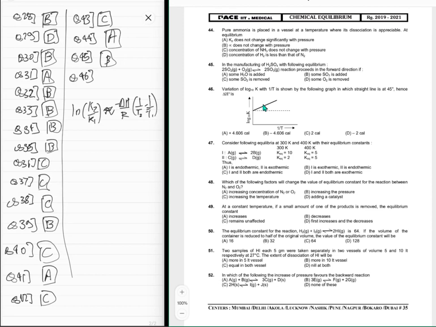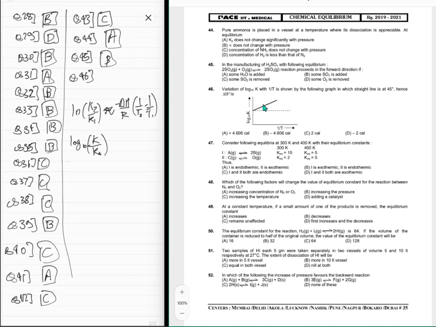Okay, so what are we doing? Variation of log base 10 of K. Having natural log, you could also change this with log base 10. My question is K upon K naught, with some T naught value.